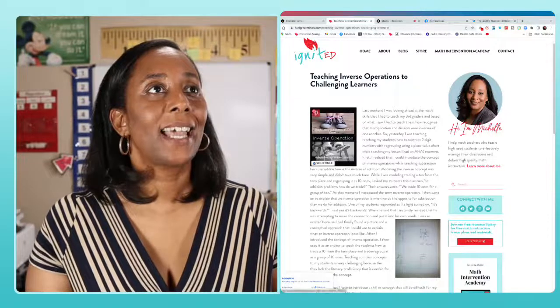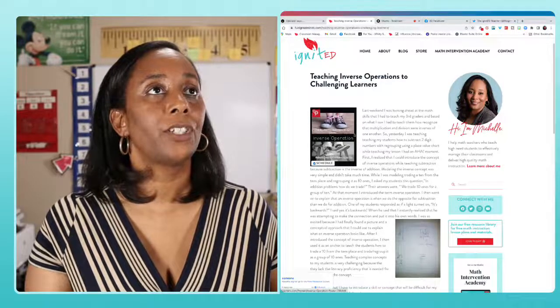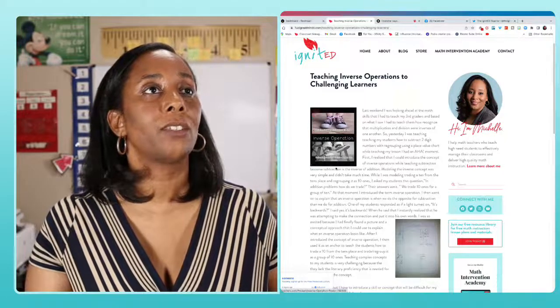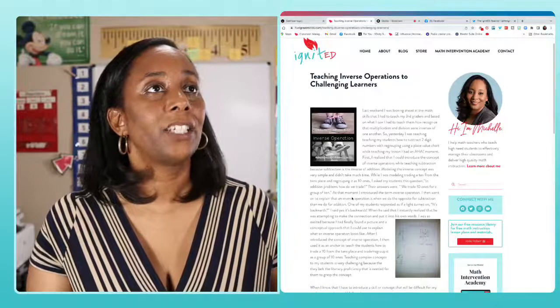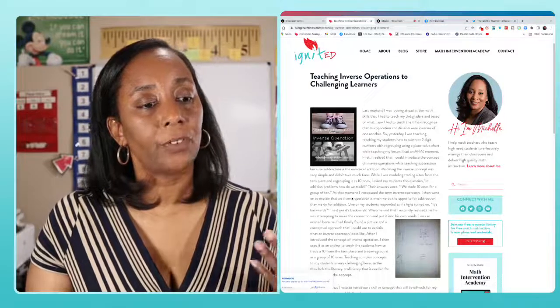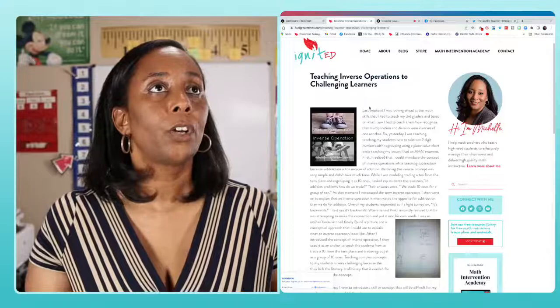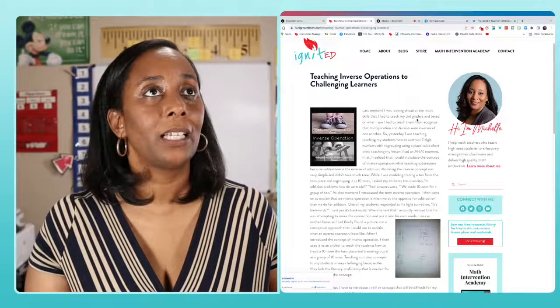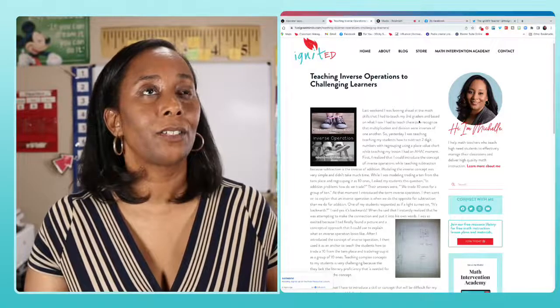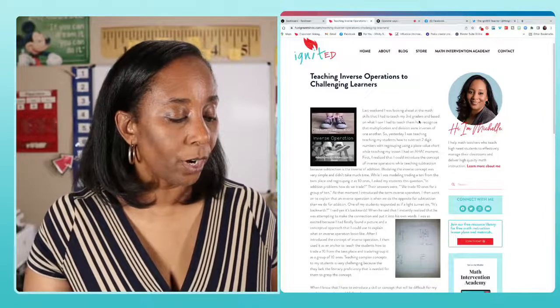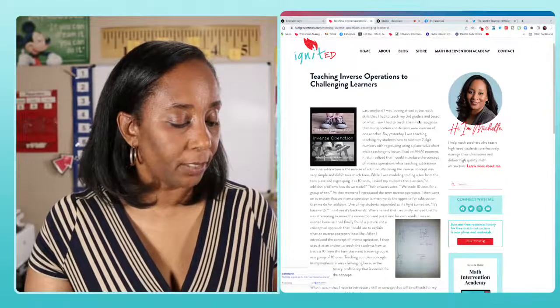It says that inverse operation, addition and multiplication ties the shoe, and subtraction and division unties the shoe. It says, last week I was looking ahead at the math skills that I had to teach my 3rd graders. I was teaching 3rd grade at the time.